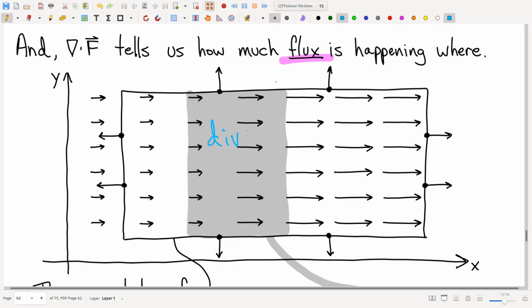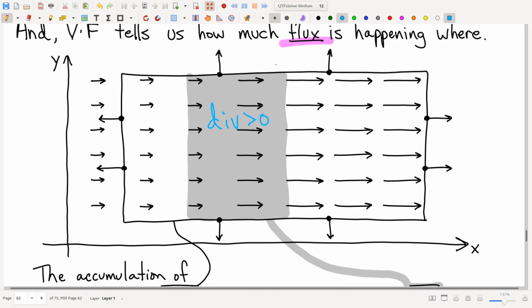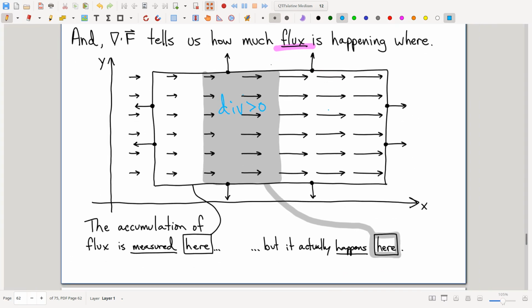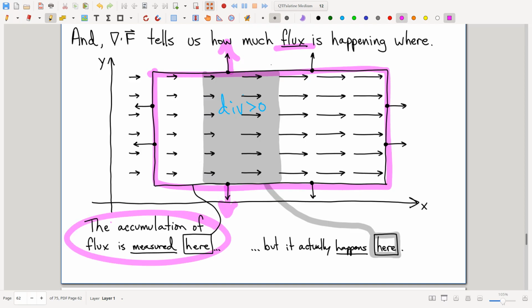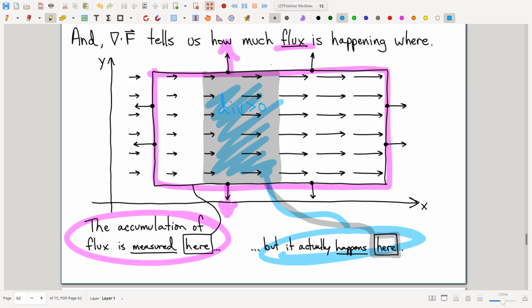The boundary flux is coming from where the divergence is. So we would compute the flux outward on the boundary, but where the flux is actually coming from is in the interior, right where the divergence says it's coming from.